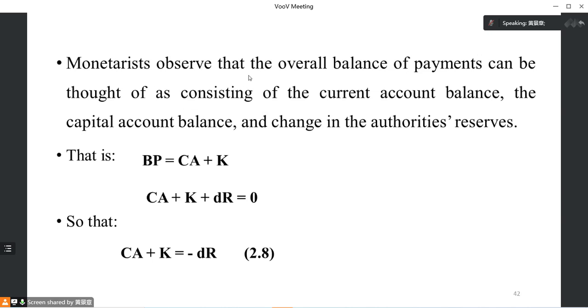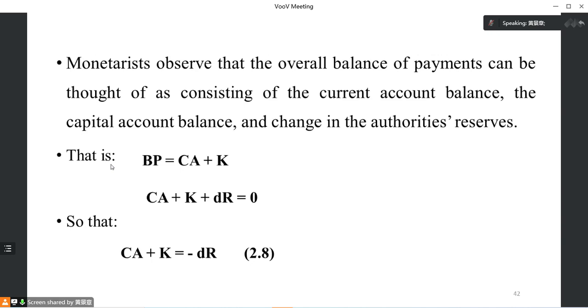Monetarists observe that the overall balance of payments can be thought of as consisting of the current account balance, the capital account balance, and a change in the authority's reserves.